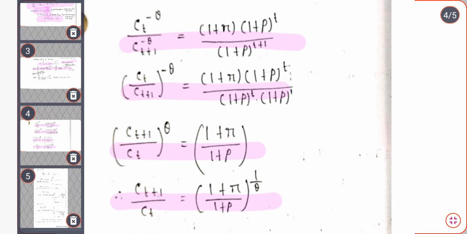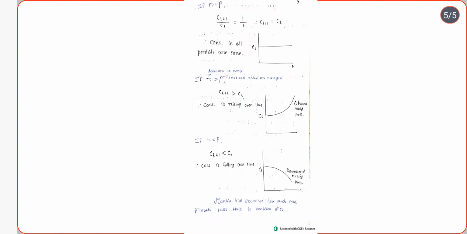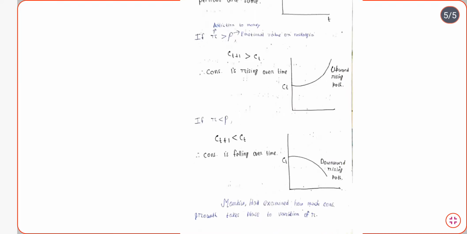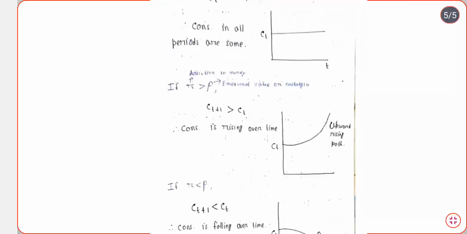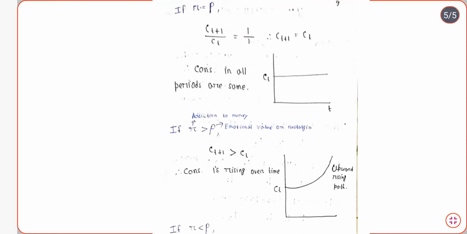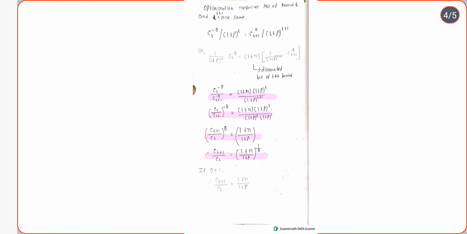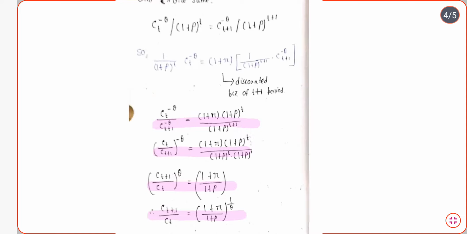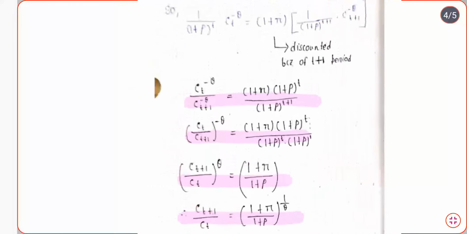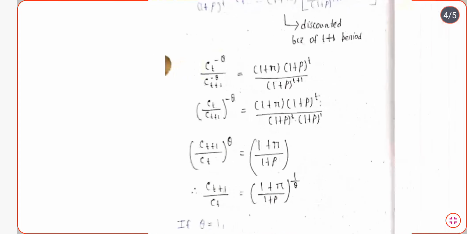Now, at first, if we consider rho and R. So look at the earlier portion of the equation. This was the last part of the equation where we have obtained this equation. This was our equation that we have obtained in the last portion.